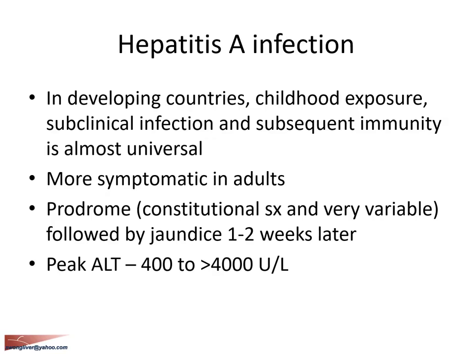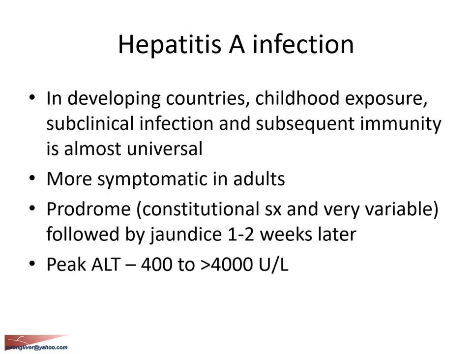So, for hepatitis A infection, in endemic countries, developing countries such as ours, exposure to hepatitis A is very common. So childhood exposure is common, and you can actually have subclinical infection and subsequent immunity in patients. So what I'm saying is an important concept I think that you have to remember for hepatotrophic viruses.